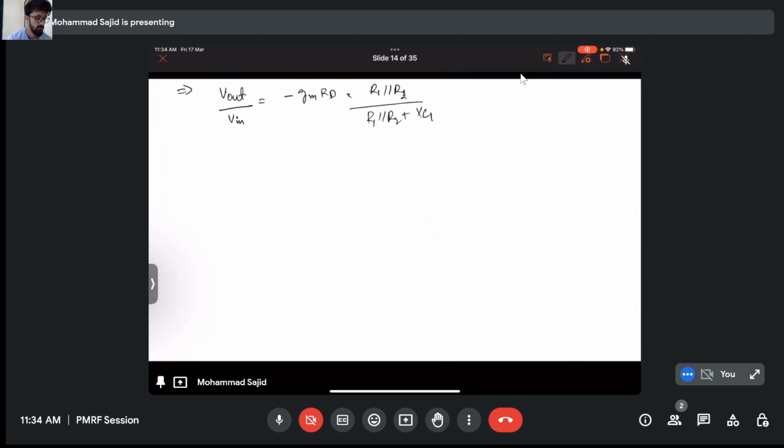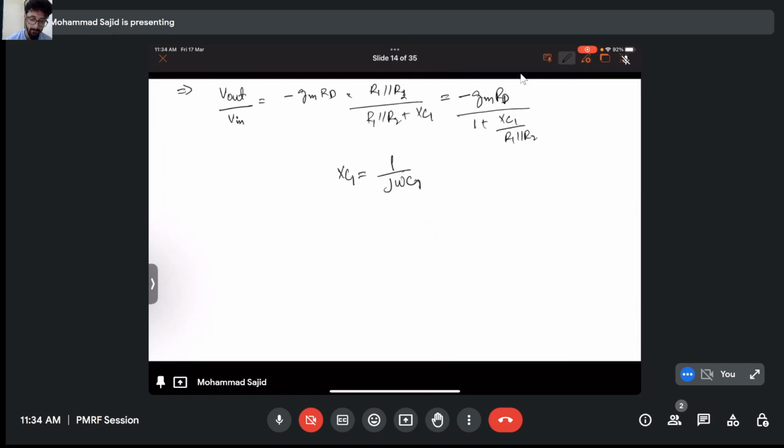This is how you will obtain gain. Now we know if I divide this by R1 parallel R2, we will get divided by 1 plus XC1 by R1 parallel R2. XC1 is simply equal to 1 by j omega C1.